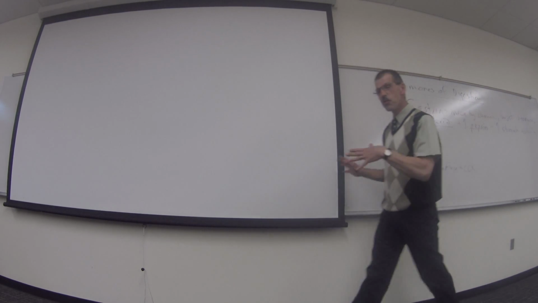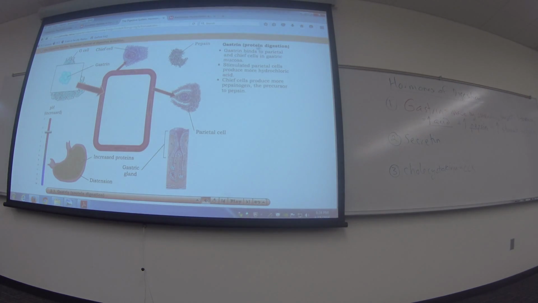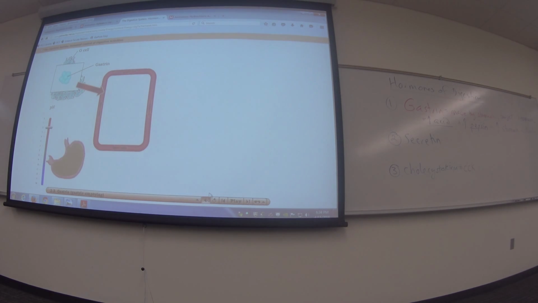So to see what they do, I'm going to show you that animation one more time. We left off on the gastrin. Gastrin also targets smooth muscle cells in the gastric muscularis and pyloric sphincter. As a result, gastric motility increases and the pyloric sphincter opens.